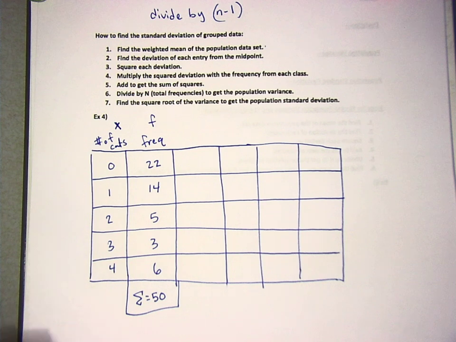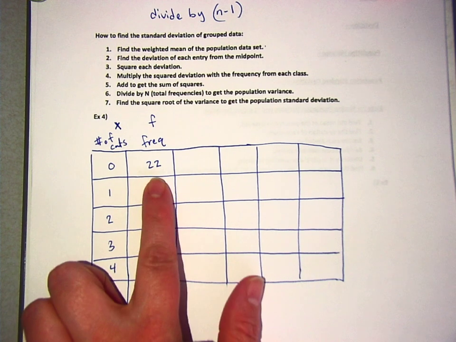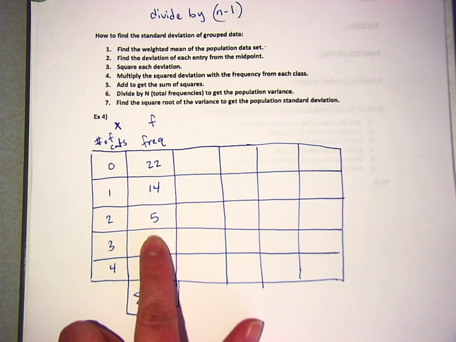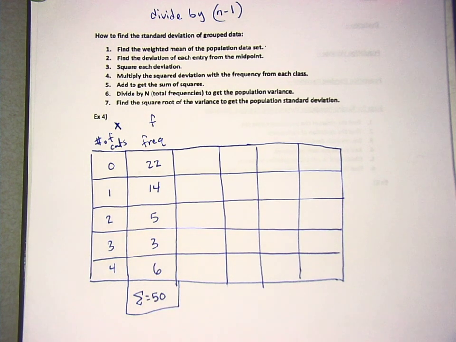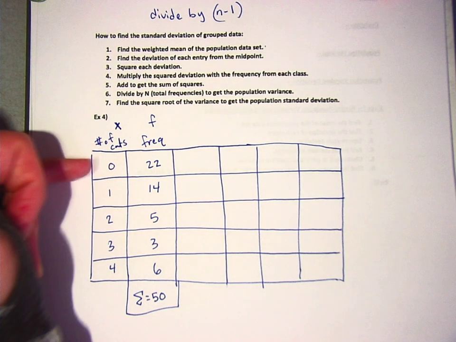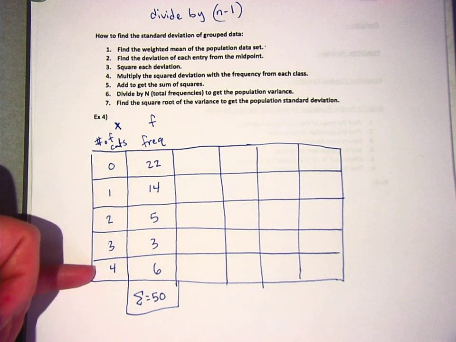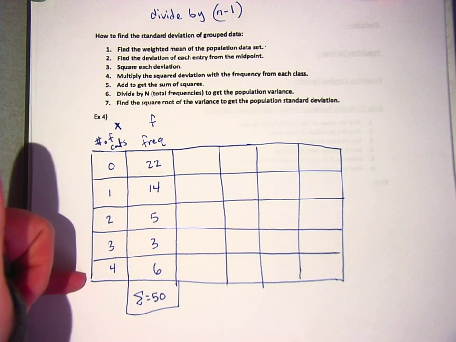Do you guys see that there would be 50 numbers in front of you? How many of them would be zeros? 22. You'd have 22 zeros in front of you, then there'd be 14 ones, 5 twos, 3 threes, and 6 fours. Everybody see it in their head? Okay. So when we're thinking about a deviation, the zeros are weighted way heavier than the 4s, right? Because there's way more zeros than there are 4s.